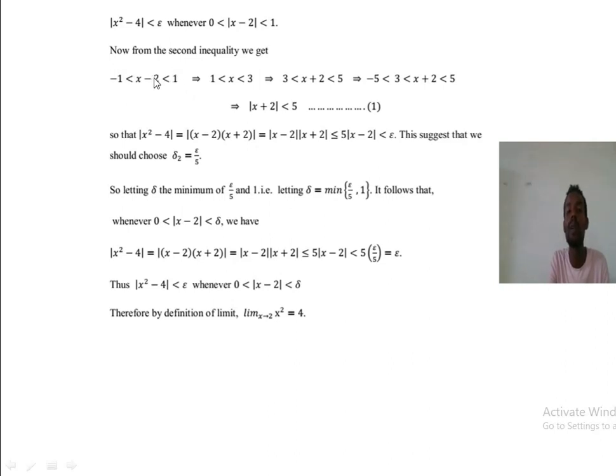Then minus 1 plus 2 is less than x minus 2 plus 2 less than 1 plus 2, so we have 1 less than x less than 3. Again, to get the term x plus 2, we add 2 to both sides, so we have 1 plus 2 less than x plus 2 less than 3 plus 2, which is the same as 3 is less than x plus 2 less than 5.